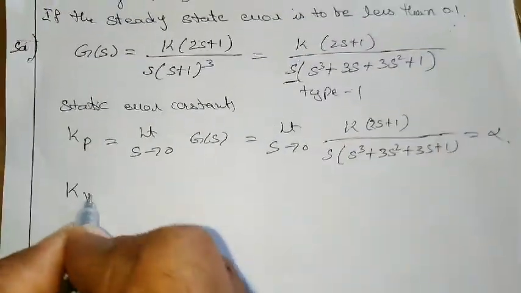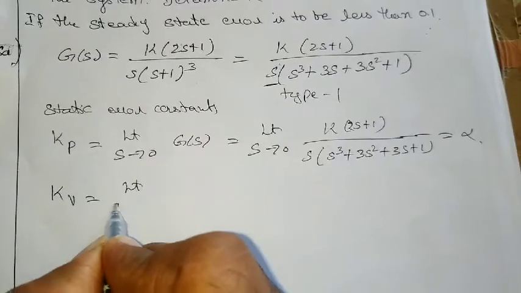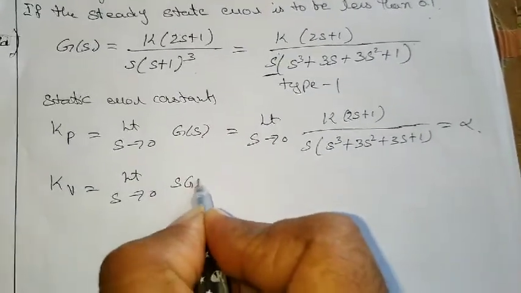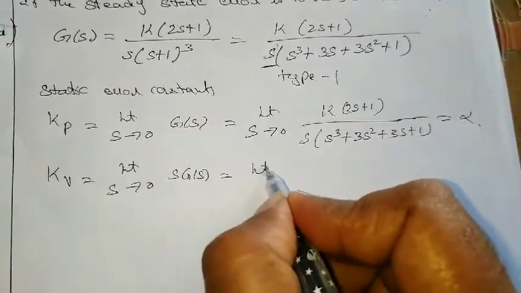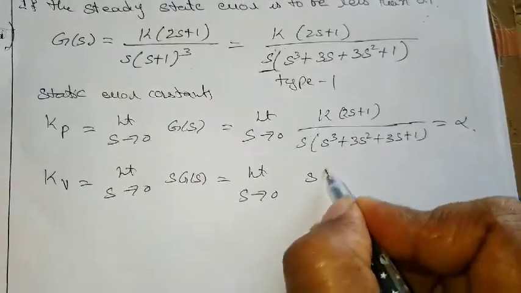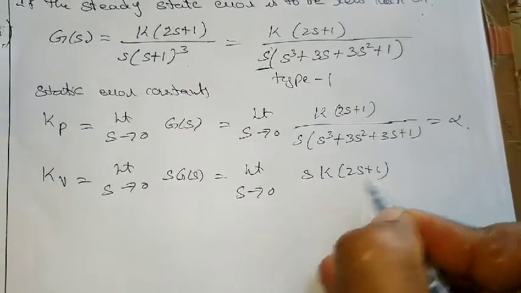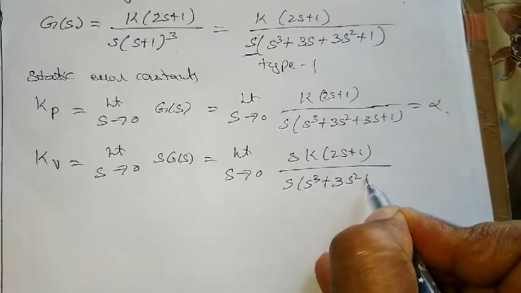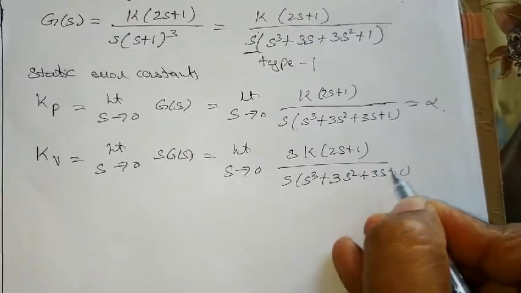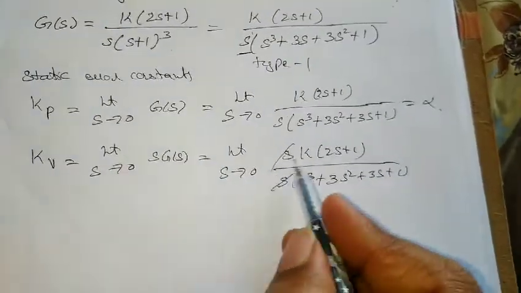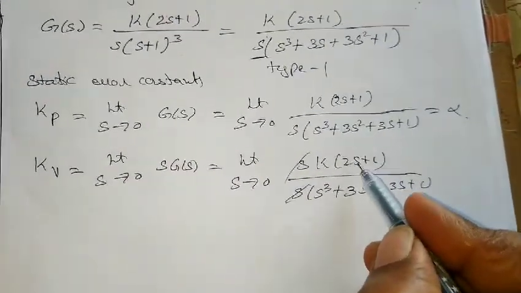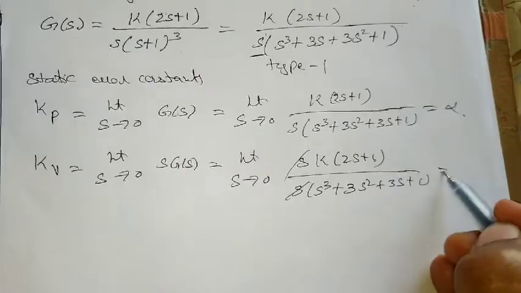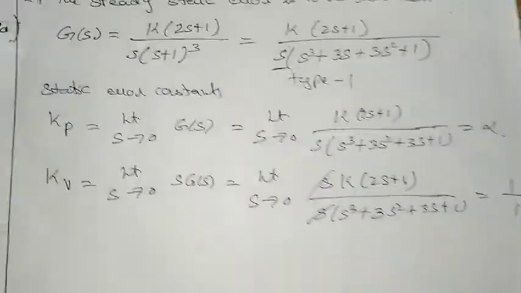Similarly, I will find out Kv, velocity error constant, limit s tends to 0 of s into G(s). So this is limit s tends to 0 of s into K(2s+1) divided by s(s^3 + 3s^2 + 3s + 1). So s gets cancelled. Now if I substitute s equal to 0, this 2 into 0 will be 0, I'll remain with 1, and here it is also 1.